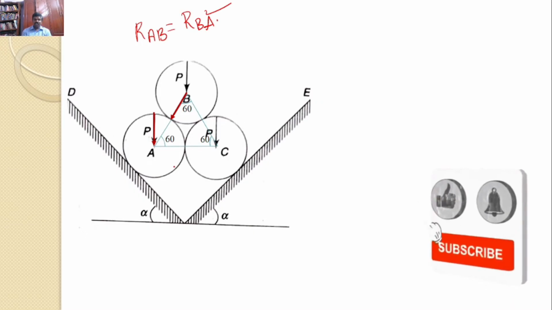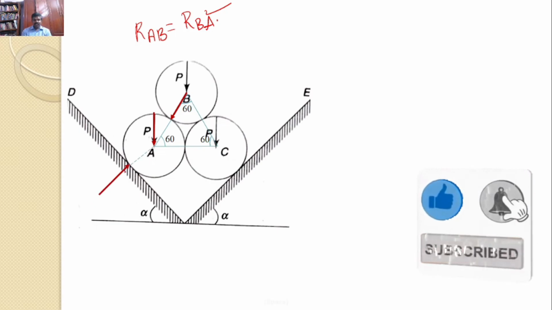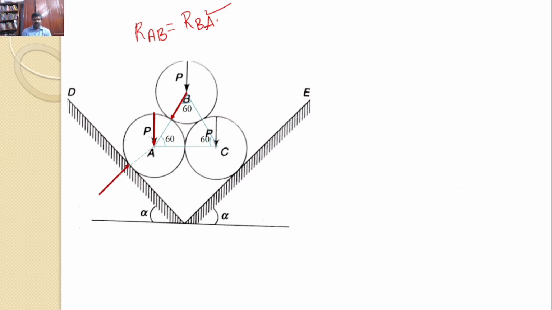Already we calculated this. And there is a reaction force perpendicular to this surface. And also there is a reaction by cylinder C onto the cylinder A, which acts along the line joining these two cylinders. Let this value be R_AC.